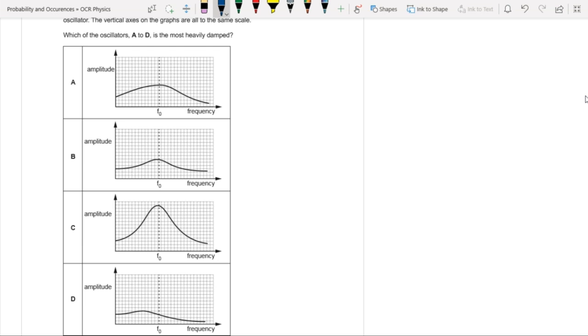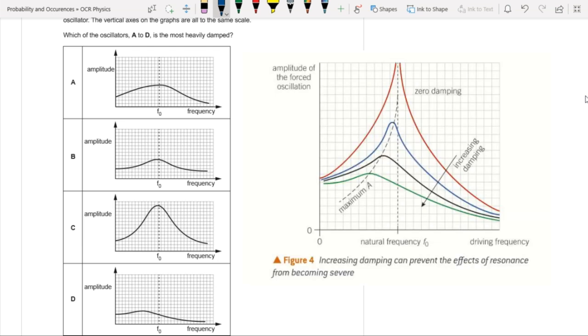Let me show you a quick figure from the book. Yeah, this one. As the system is damped more and more, you see not only the amplitude of the oscillations being reduced, but the peak is shifting more and more to the left side of the fundamental frequency, or the natural frequency of oscillation.